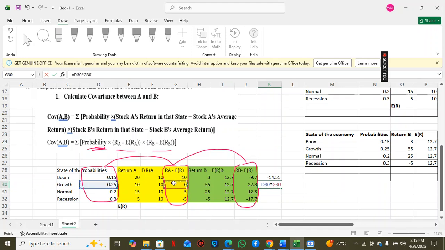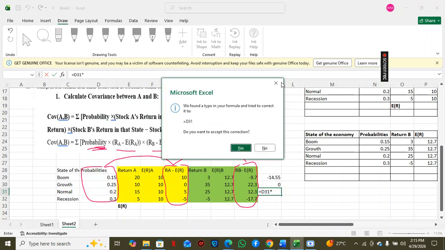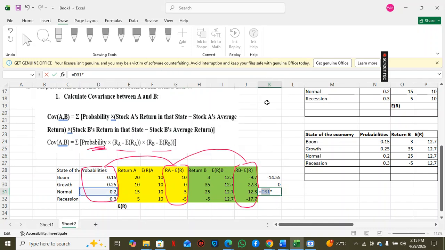0.25 multiplied by 0 multiplied by 22.3. 0.2 multiplied by 5 multiplied by 12.3.